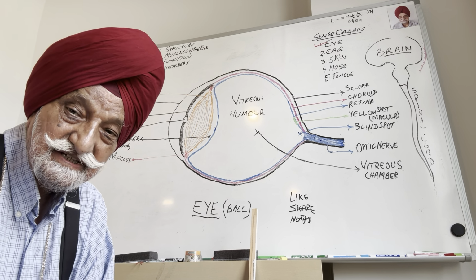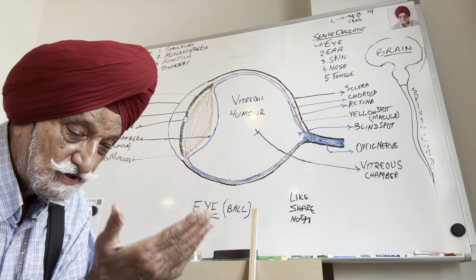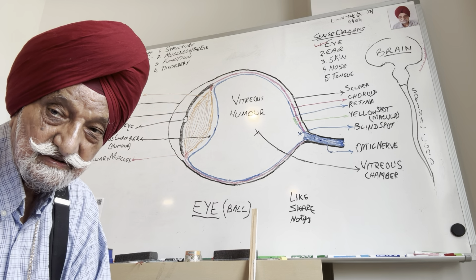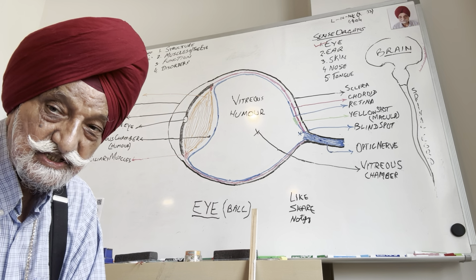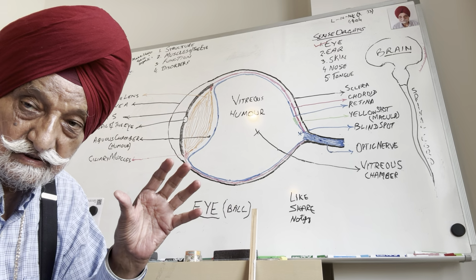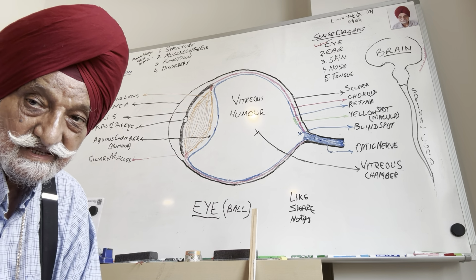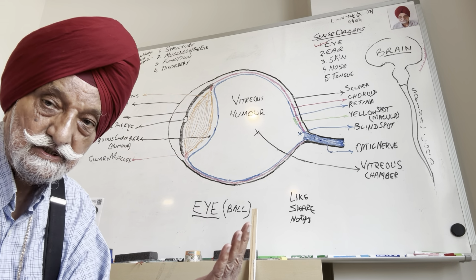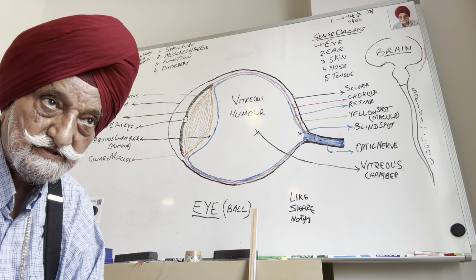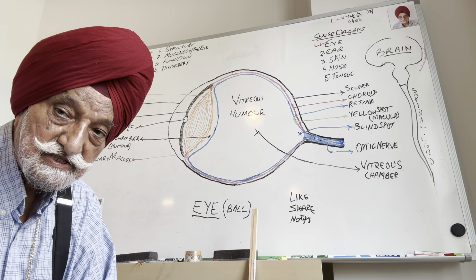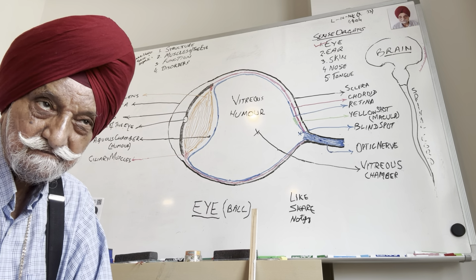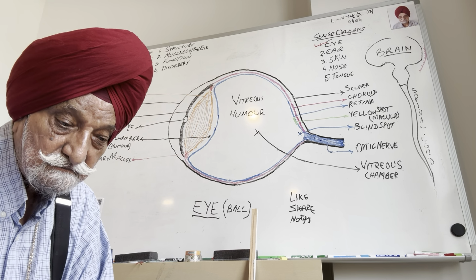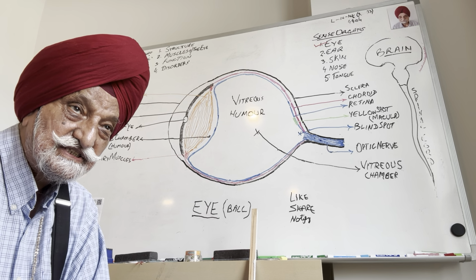Now this short-sightedness actually comes in when you read the book for a long time, keeping it close. The lens loses its power of accommodation. Hence its focal length becomes less. Hence you can see only the objects at a smaller distance. The ciliary muscles cannot pull the lens to become thin. Hence we cannot see clearly the objects at a distance.